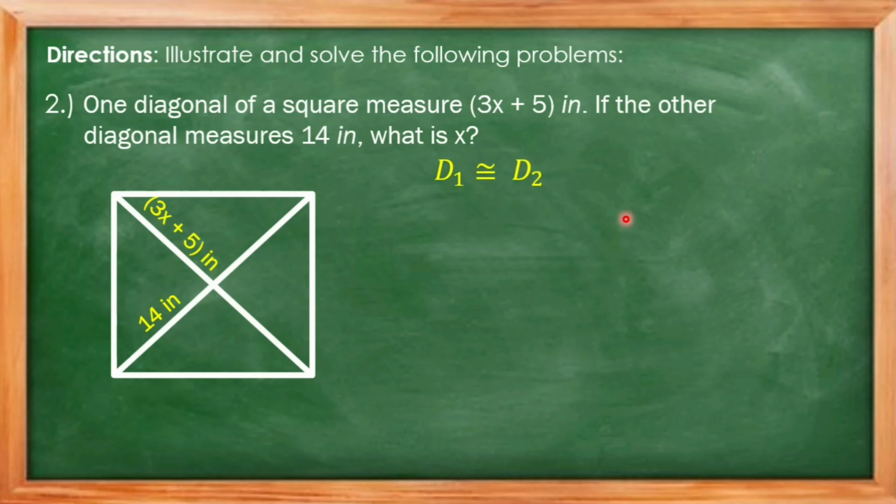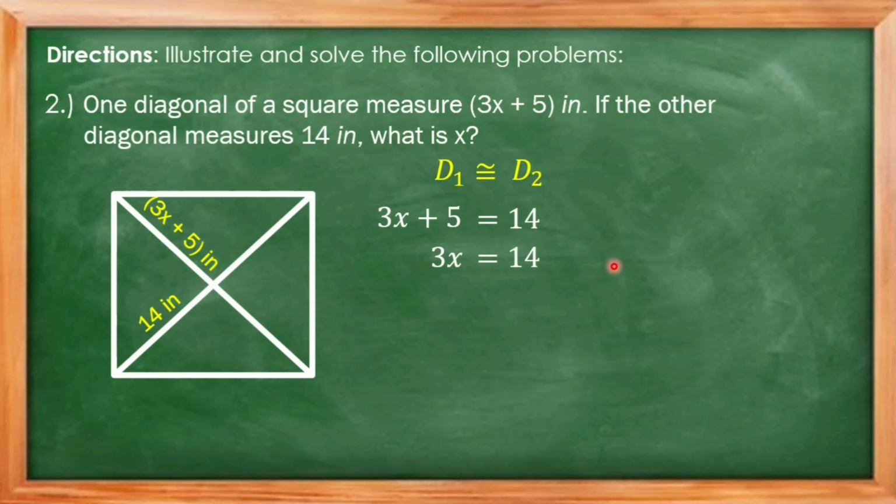Okay, so isa-substitute lang natin yung mga given dyan. So, ang unang diagonal natin ay 3x plus 5 is equal to diagonal 2, which is 14 inches. Okay, so as you can see, linear equation na siya. And to solve a linear equation, we have to combine the linear term and the constant term. Okay, so here, ang linear term natin is 3x. So, bring down lang natin. And then, yung constant term natin is 5 and 14. So, ililipat lang natin tong positive 5 dito sa right side ng equation para makombine dito sa 14.